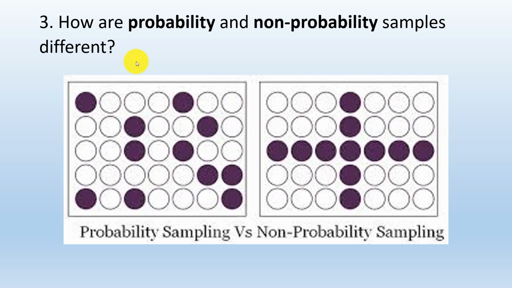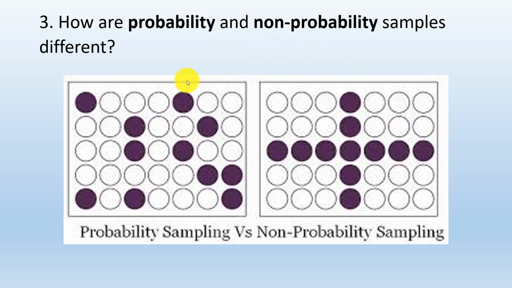So with probability sampling, we leave it to chance who's going to be selected and who's not. With non-probability sampling, chance is not entered into the equation. We have the researcher or researchers selecting people.